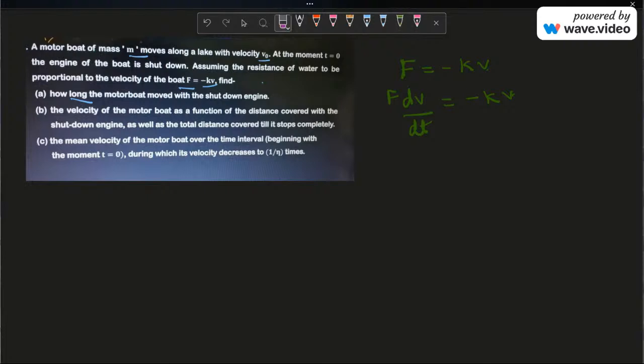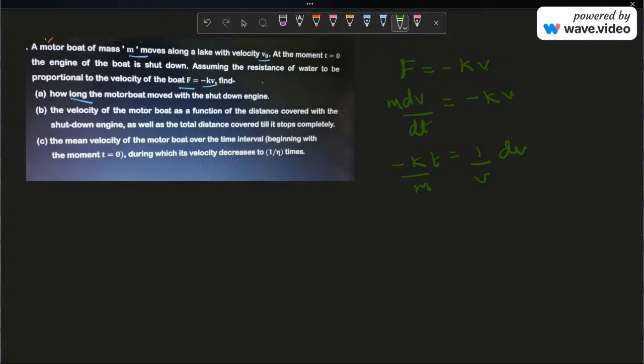So minus k upon m multiplied by dt is equal to 1 upon v into dv.